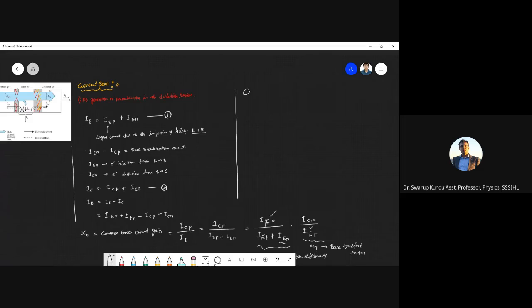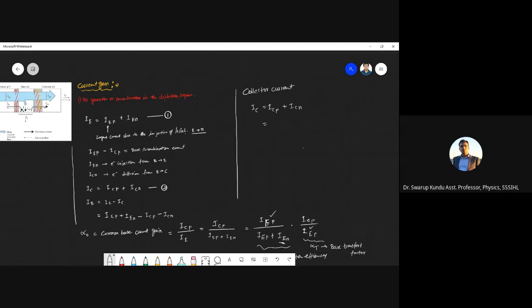We'll now define the collector current. The total collector current is IC. IC is equal to, we have already defined it, right? Yes, we defined it here, equation 2 again. So it is ICP plus ICN, right?